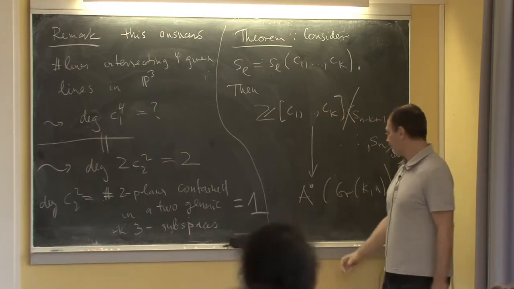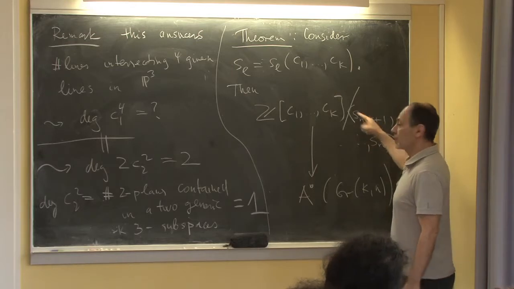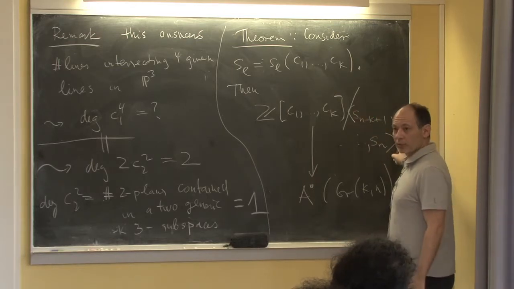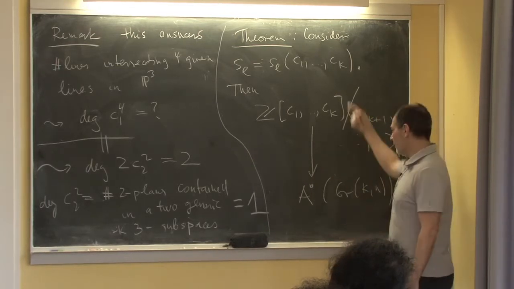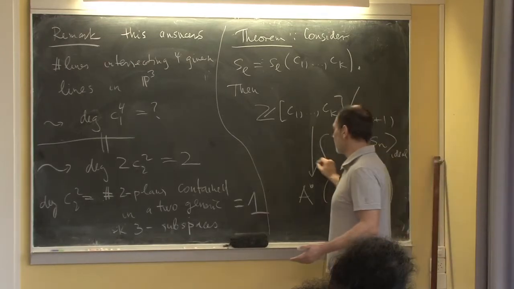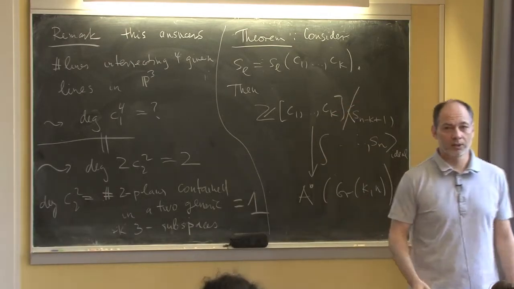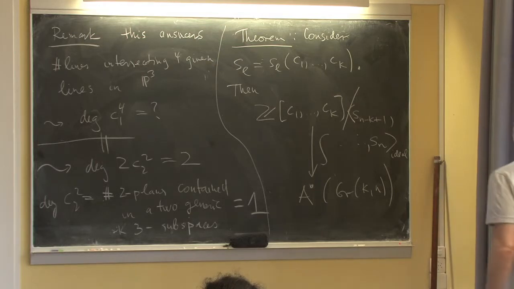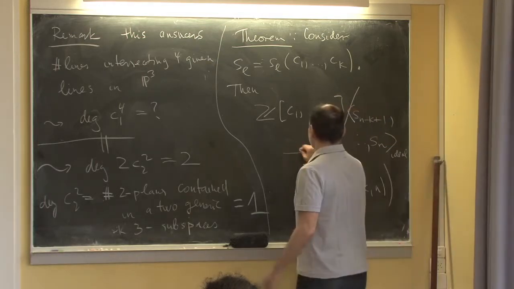It's obvious, and I explained it, that these are actually relations. So this is definitely a map, and the statement is that this is an isomorphism.